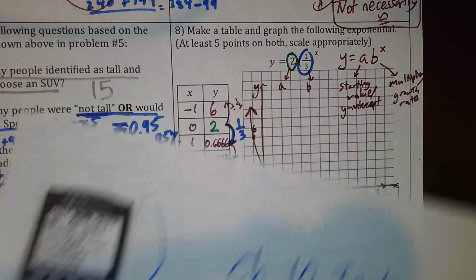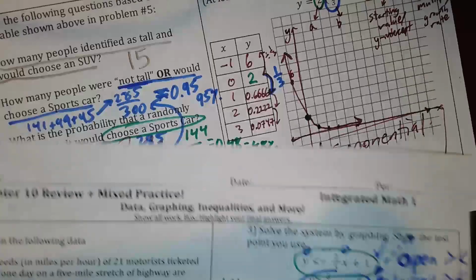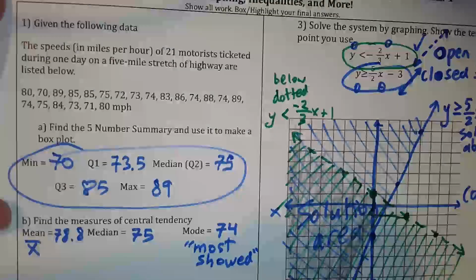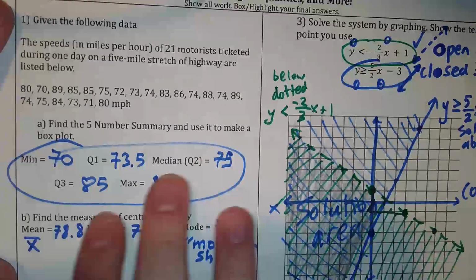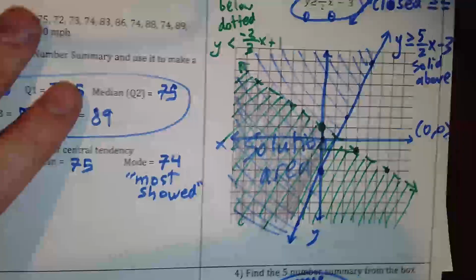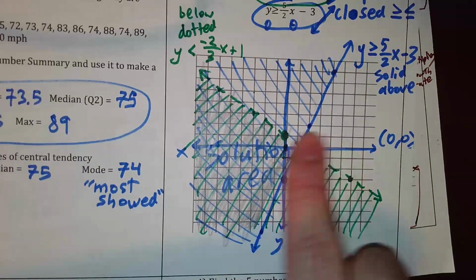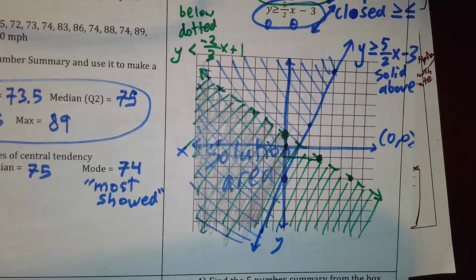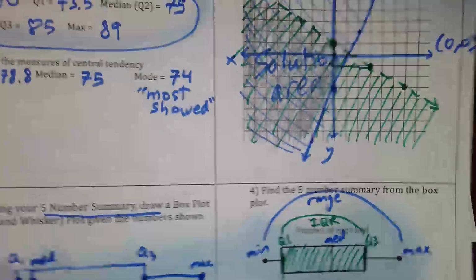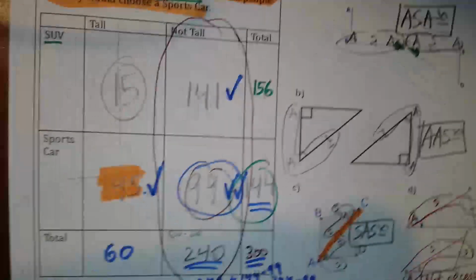The stat button is very important. We went over number 1, which was data and stats. Number 2, which was a box plot. Number 3, which is systems of linear inequalities. Number 4, which is another box plot problem. We went over number 5, which is probability.